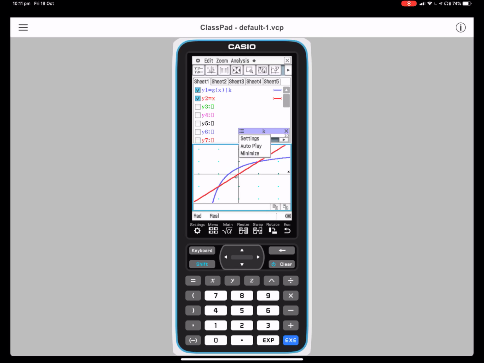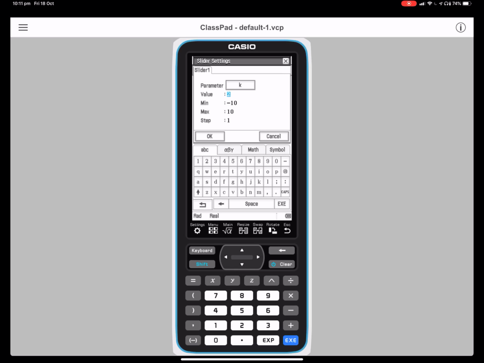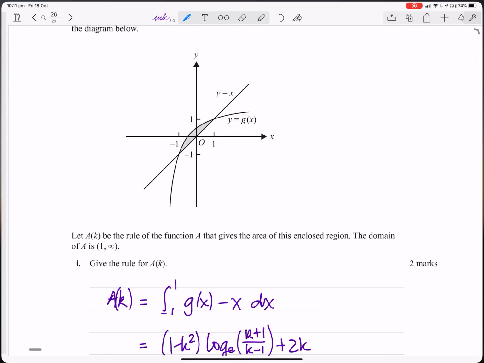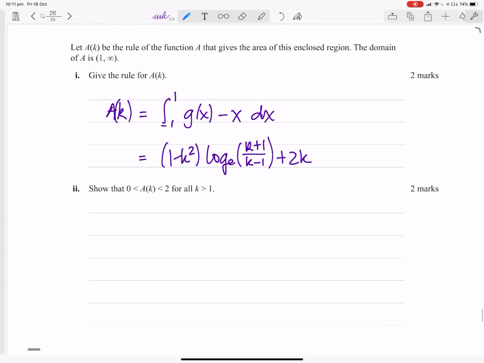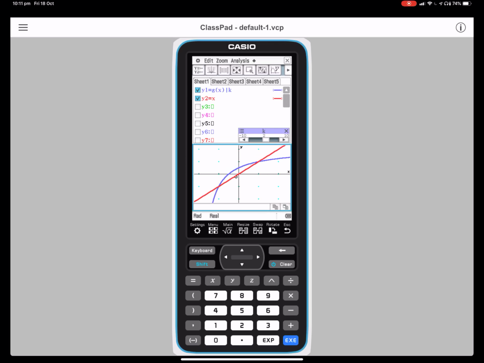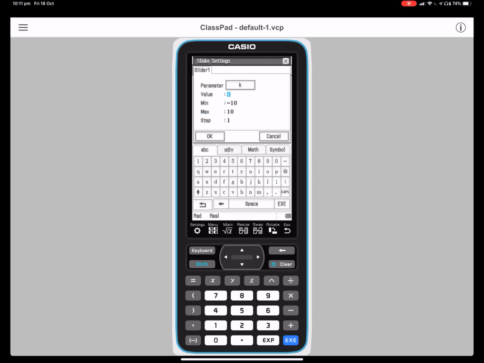Oops, stop. What about as k, let's go from 0. Does k have to be... It has to be greater than or equal to negative 1. If k is greater than 1, okay, so let's see.